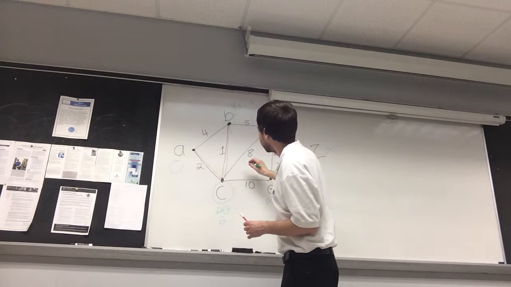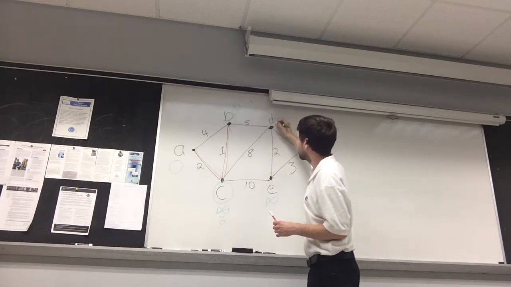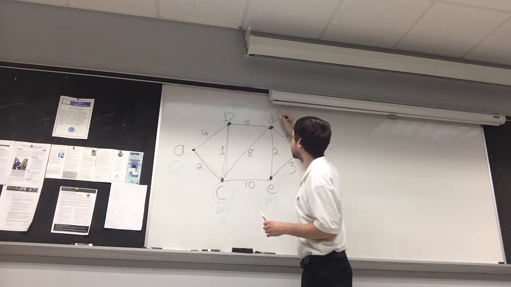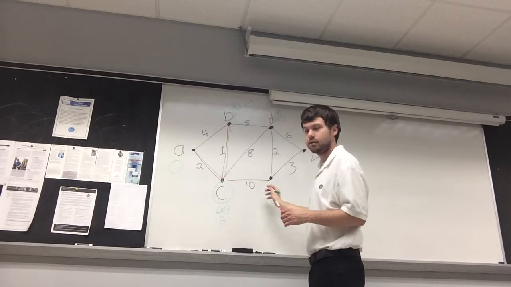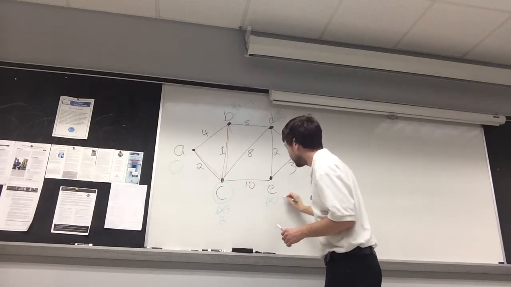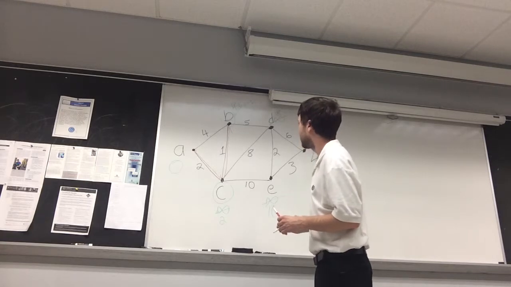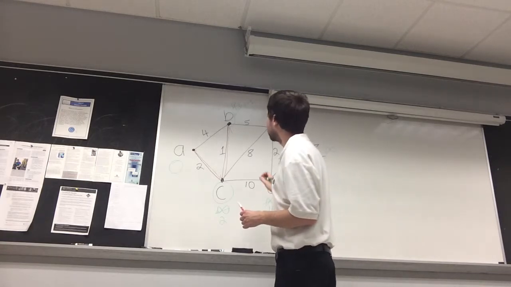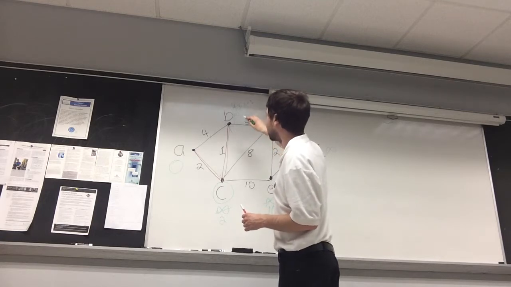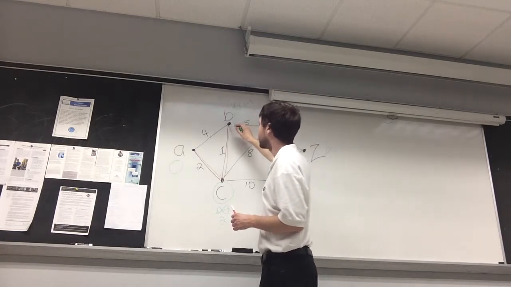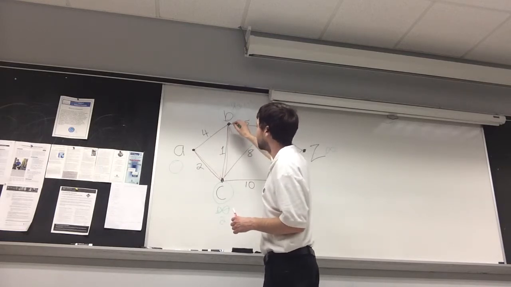Now you would examine the edge to node D and replace infinity with 8 because that's the weight from C to D. And from C to E, you would replace infinity with 10 because that's the weight from C to E.